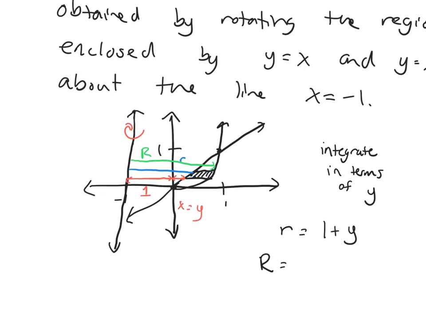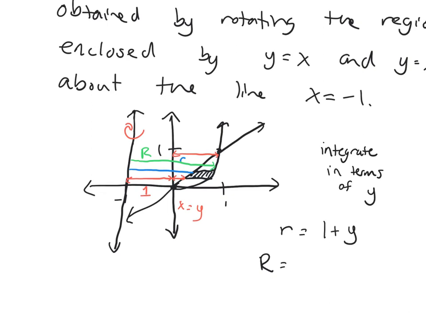And then the other problem is I don't have enough colors to distinguish all of this for you. But this extra distance here is going to be given by my equation, which was y equals x squared.